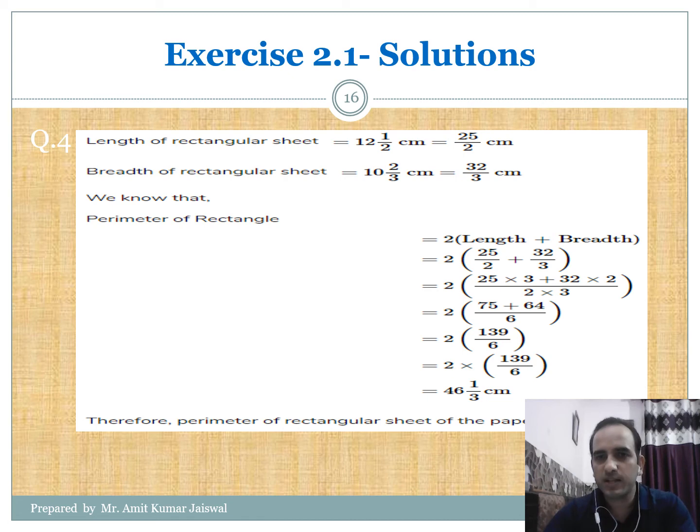So 2 goes 3 times, so 25 also goes 3 times, and it will be 75, and 3 goes 2 times here, so 32 times 2 becomes 64, and we have got 139 upon 6, and then 2 times that, we have got the mixed fraction, that is 46 1 upon 3 centimeter. So the perimeter of the given rectangle is 46 1 upon 3 centimeters. I hope you understood and now have clarity on how we need to solve this question.